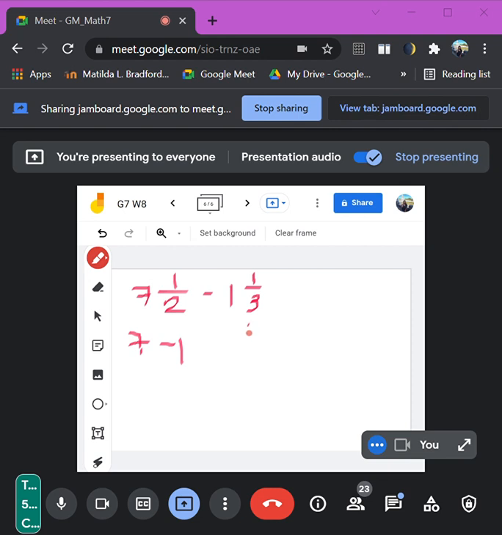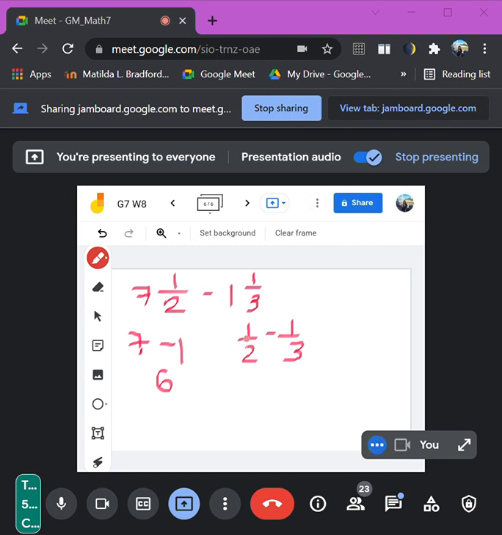Then on the other side, we have 1/2 minus 1/3. Subtracting 7 minus 1, that is 6. How about our 1/2 and 1/3? Is it similar or dissimilar? Dissimilar. Okay, they are still dissimilar.